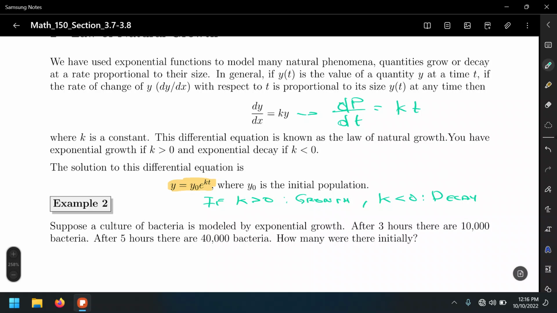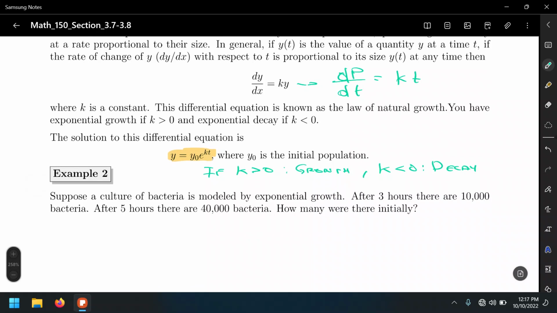You use it to solve problems about the population of a community, or you were given the half-life of a radioactive element, and you used it to model exponential decay, for radioactive decay.